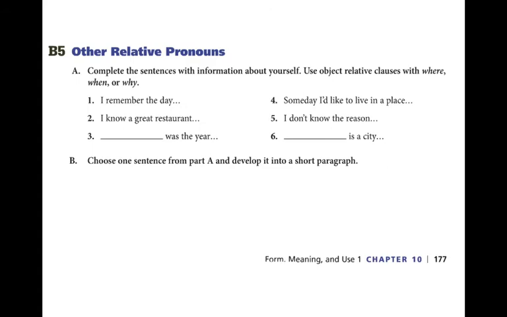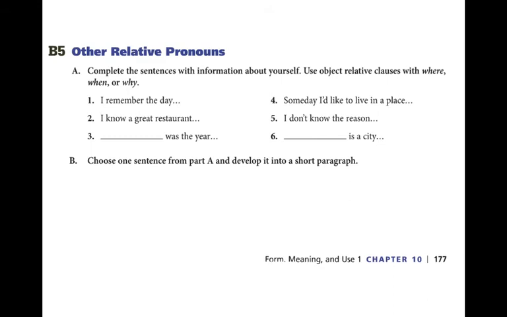Was the year where, when, or why? Was the year when? Okay, so you could say, 2013 was the year when I took my first advanced grammar review and editing class at Mission College.